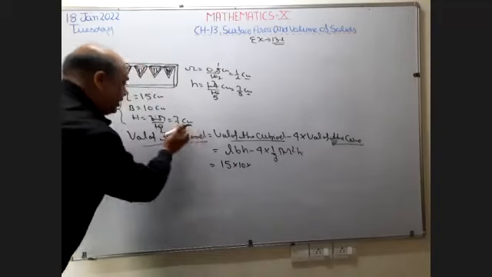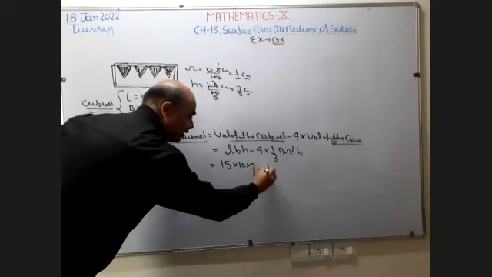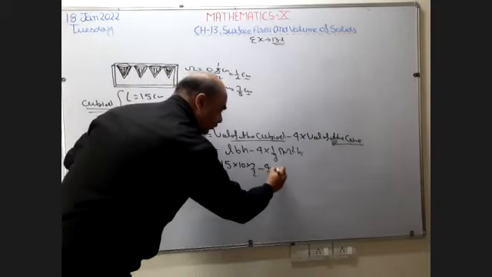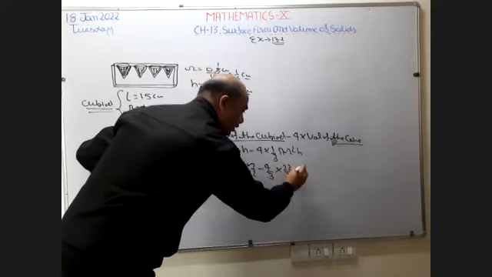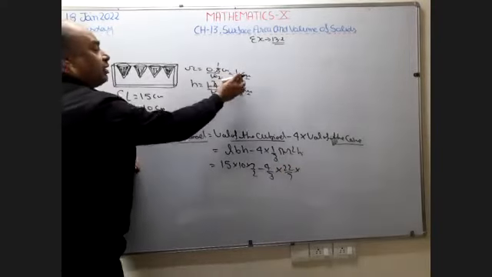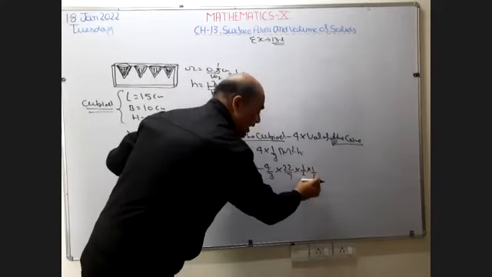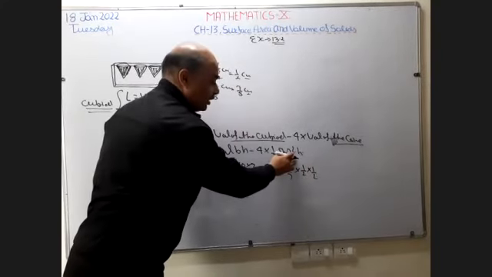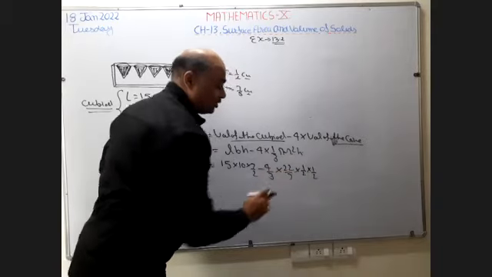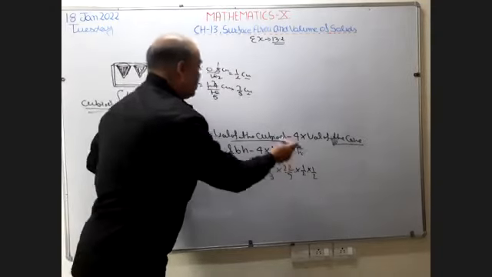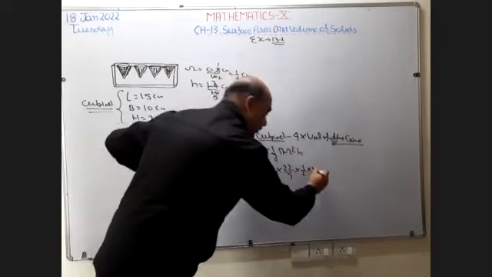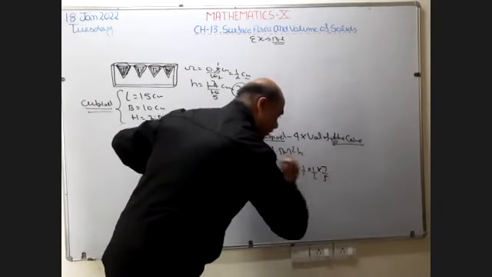Height is given 7 by 2, minus 4 upon 3. The value of pi is 22 by 7. The radius of the cone is given 1 by 2. So right here 1 by 2 into 1 by 2. Why do I write it 2 times? Because it is given r square. R square means we have to write the radius 2 times, into h. What is the height? 7 by 5. Right here 7 by 5.